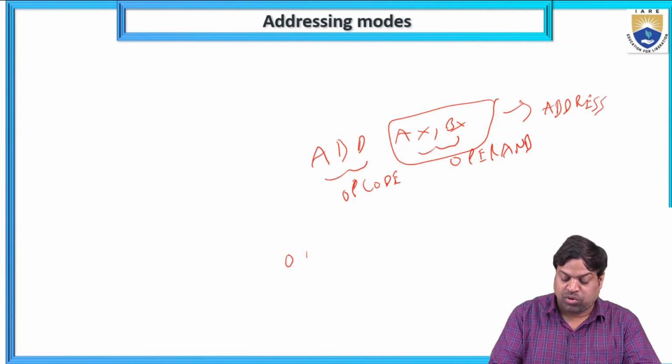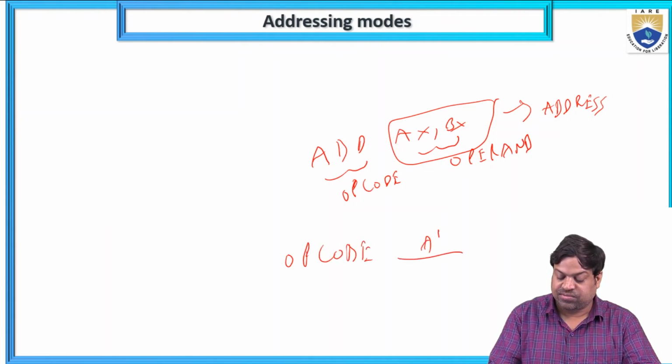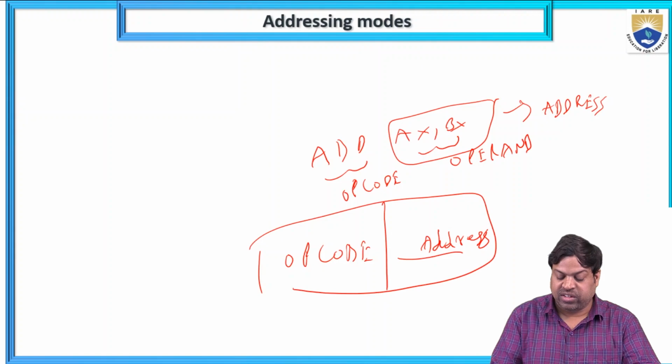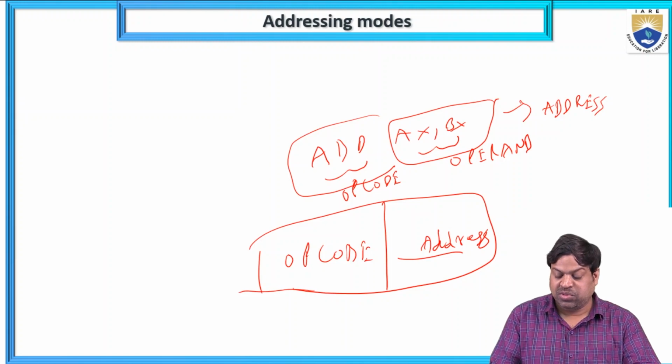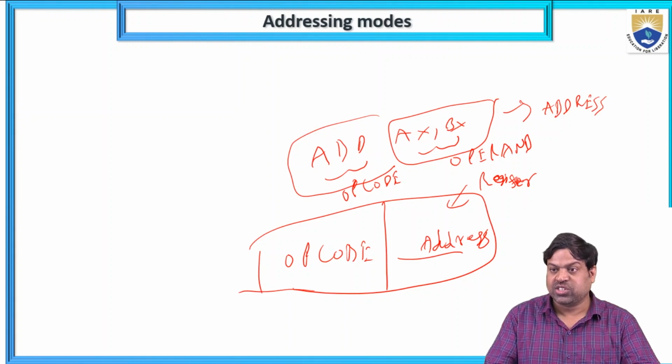Any opcode needs an address, so I need the opcode with an address. Any opcode will change, but the operand address is defined in the form of registers only.